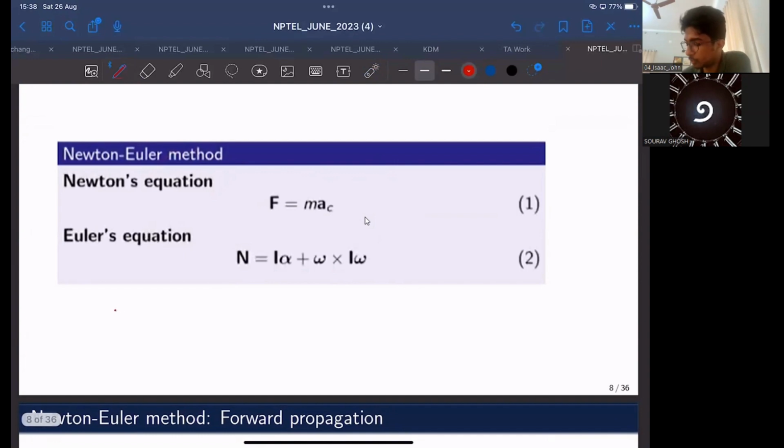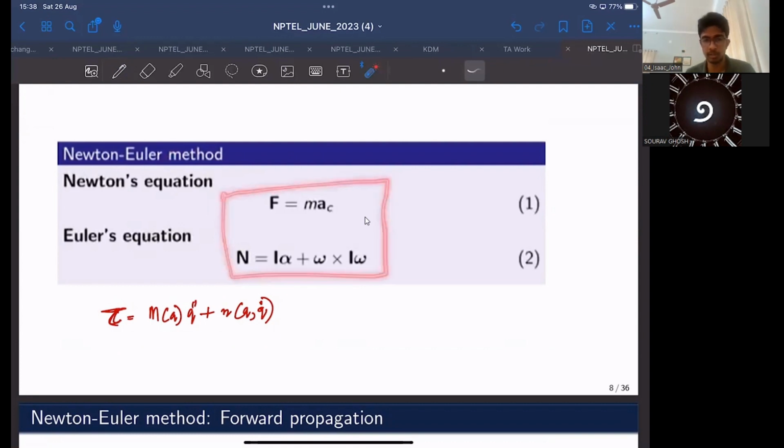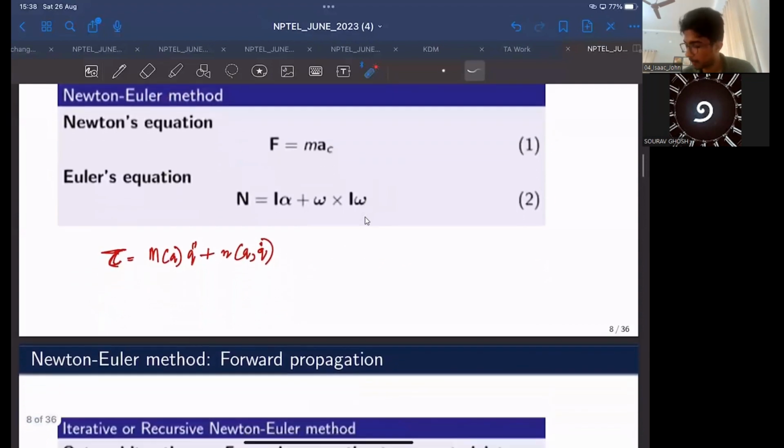Our target is to assemble the equations of motion: tau vector equals M of q times q double dot plus some vector n of q, q dot. This is basically our aim. How we are going to assemble these equations of motion from the Newton-Euler equations is what we are going to see in the subsequent slides.